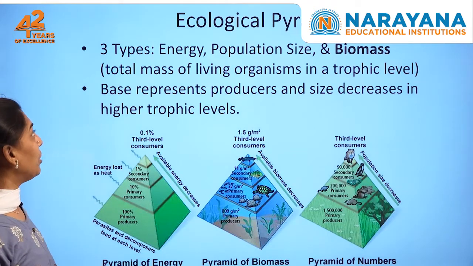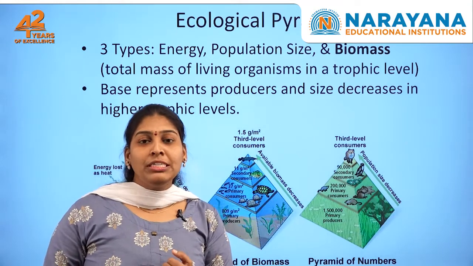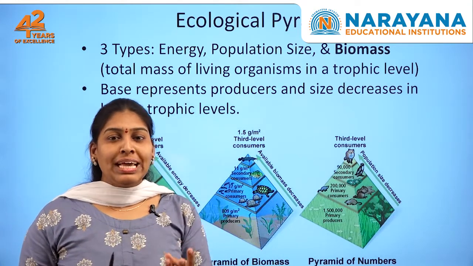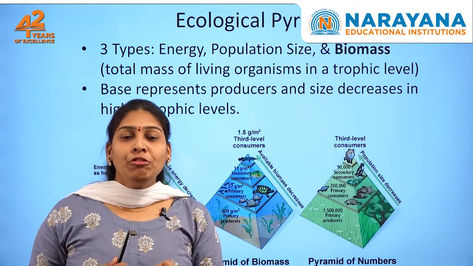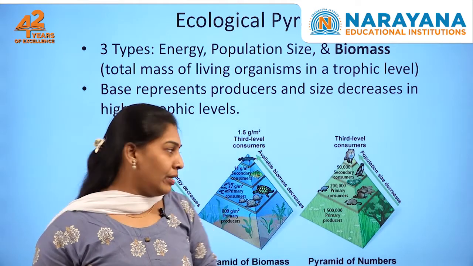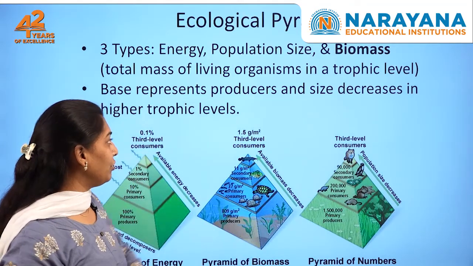Ecological pyramids are of three types: pyramid of biomass, pyramid of number, and pyramid of energy. Let's see the pyramid of energy, pyramid of biomass and the pyramid of number.